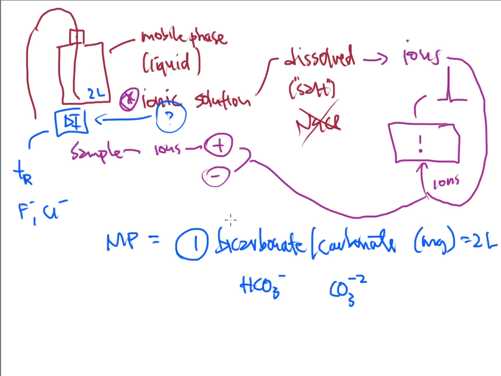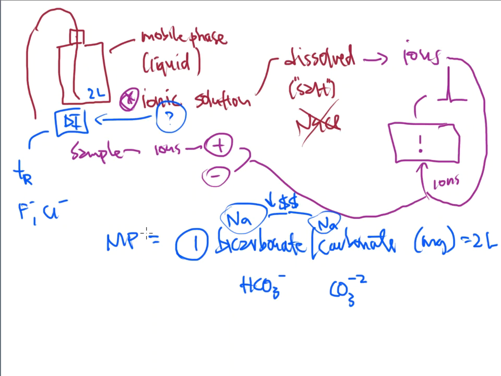Okay, so this is typically sodium bicarbonate and sodium carbonate that we use, and the reason that we choose these salts is because they're fairly cheap and very low in cost. So we need the carbonate and bicarbonate to do the job. As long as they're present, they will do the job that they're supposed to do.